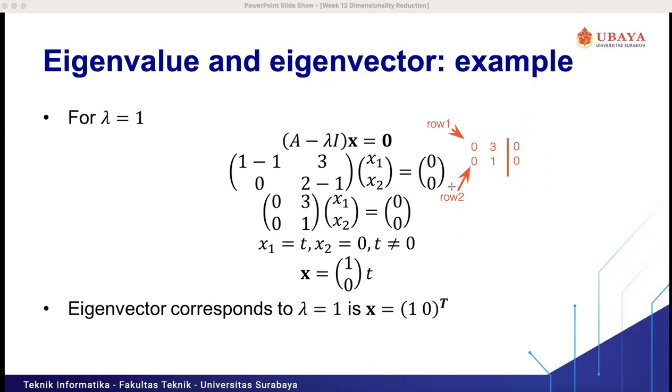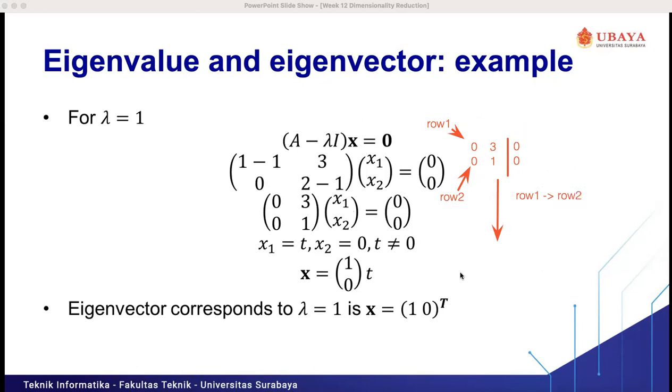We want to calculate x1 and x2. So we exchange row 1 into row 2, for example, because we have the first one here, right? So the next step, we exchange row 1 with row 2.